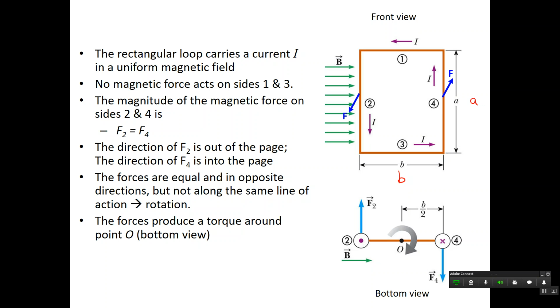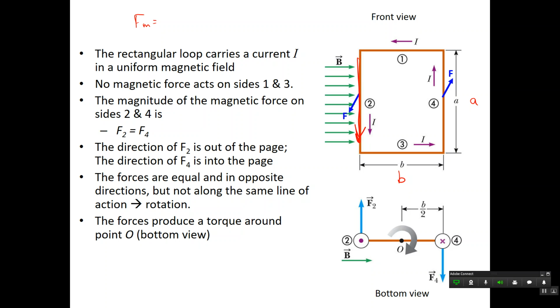We said that the magnetic force, let's say we have the current going downwards on this side of the loop. If this is going downwards, the magnetic field is going that way. We can use our right hand to figure out which direction the force is. Which direction is the force?